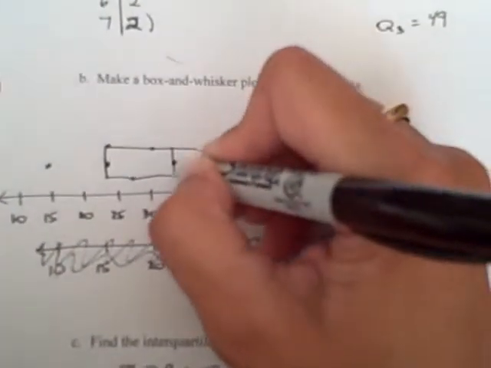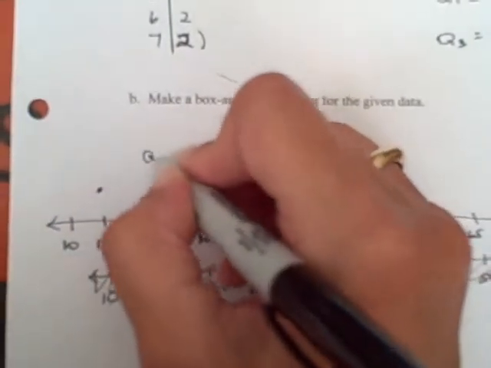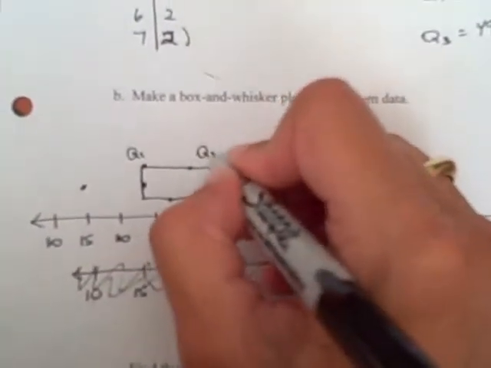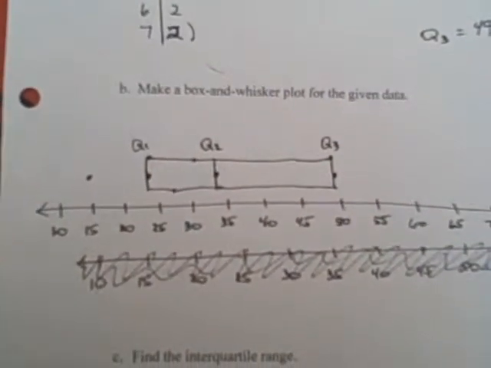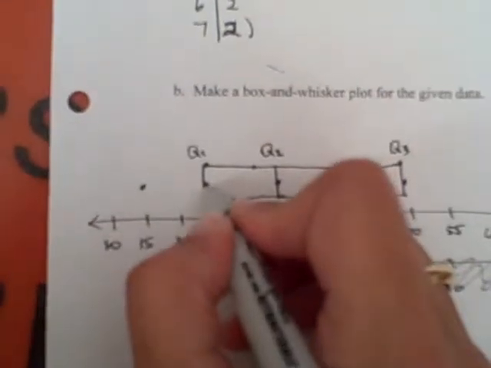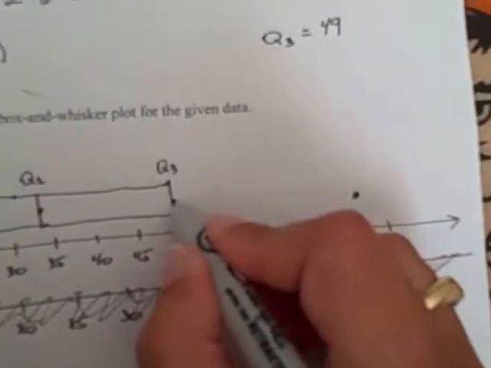And then we put a vertical line at Q2. Okay, so we don't normally write this, but this is Q1, this is Q2, and this is Q3. Okay? Then we draw whiskers from Q1 out to the lowest data value, and from Q3 out to the highest data value. Box and whisker.